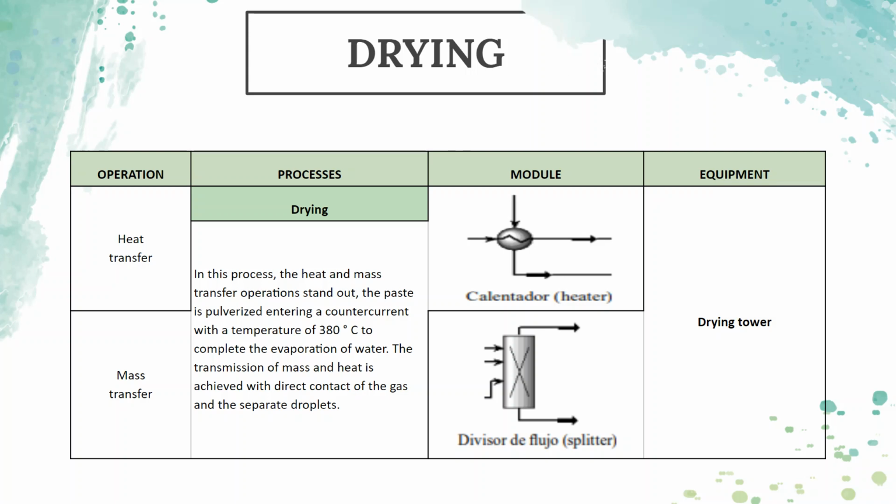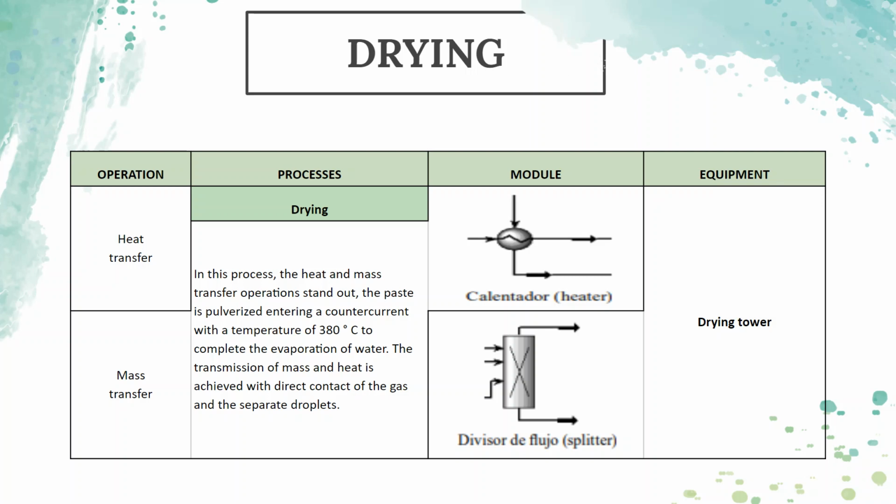As a third and fourth operation, we have the transfer of heat and mass transfer, which has the drying process. In this process, the operations of heat and mass transfer stand out. The paste is sprayed, stirring, connected with a temperature of 300 degrees Celsius to complete the evaporation of water.